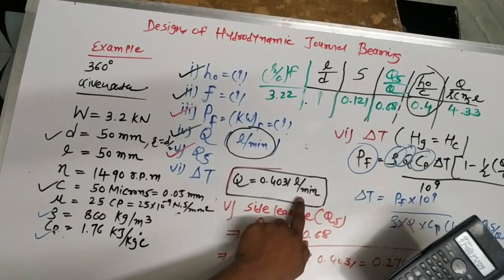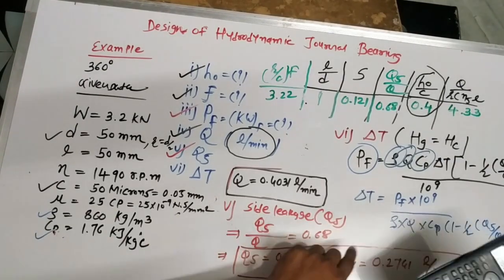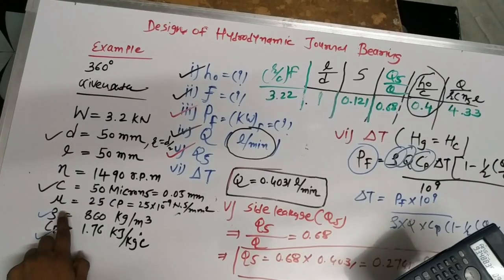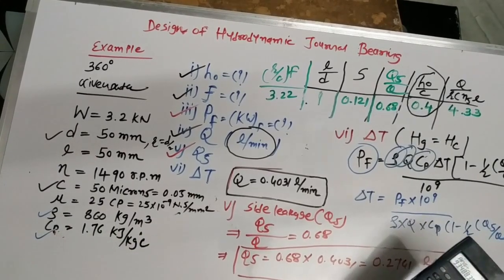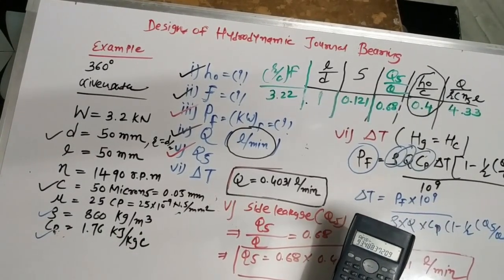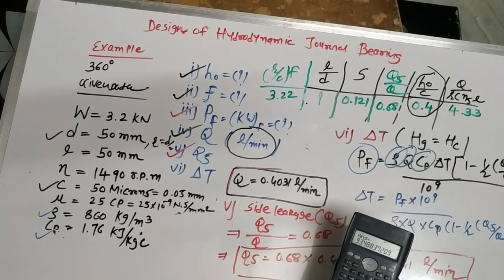Now here we have the answer in liters per minute, but as you have seen, rho is in kg per meter cube, so it is obvious that we have to take it in meter cube per second.